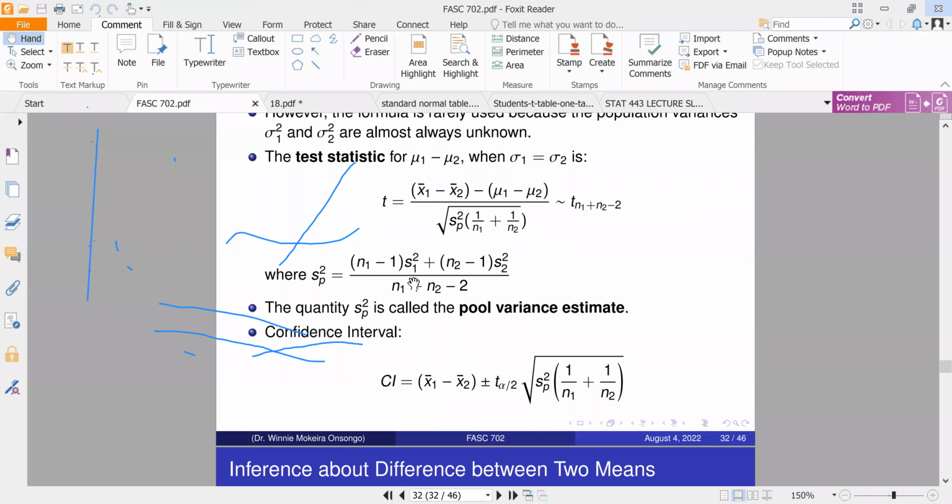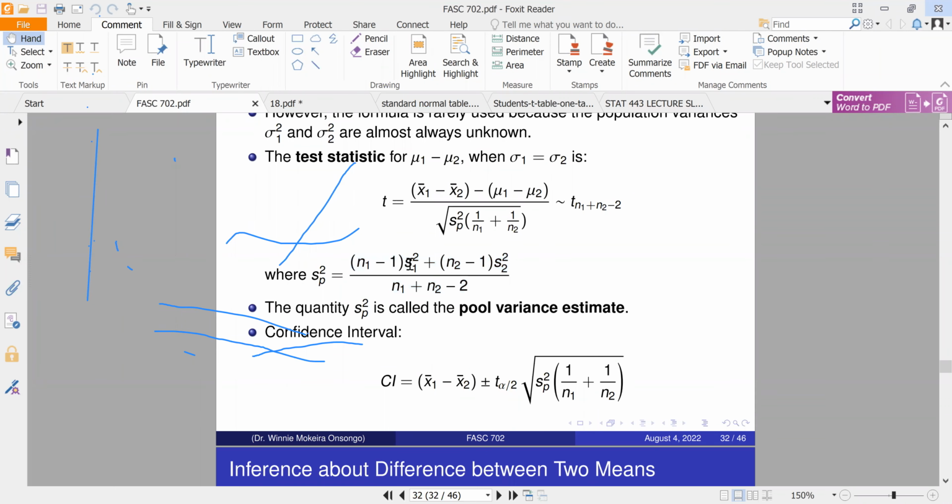So if you have two distinct populations and we want to make inference about the difference between means, we must calculate this pooled variance.